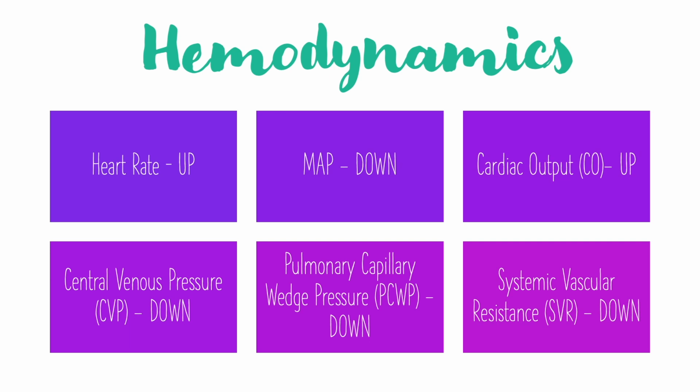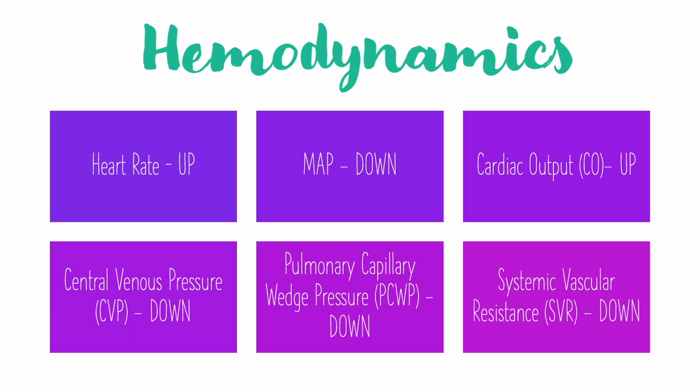Central venous pressure in septic shock is going to be down, as this reflects the pressure within the vena cava prior to entering the right atrium. Due to vasodilation, there is a decreased amount of fluid and pressure within the vena cava, which will further decrease preload.